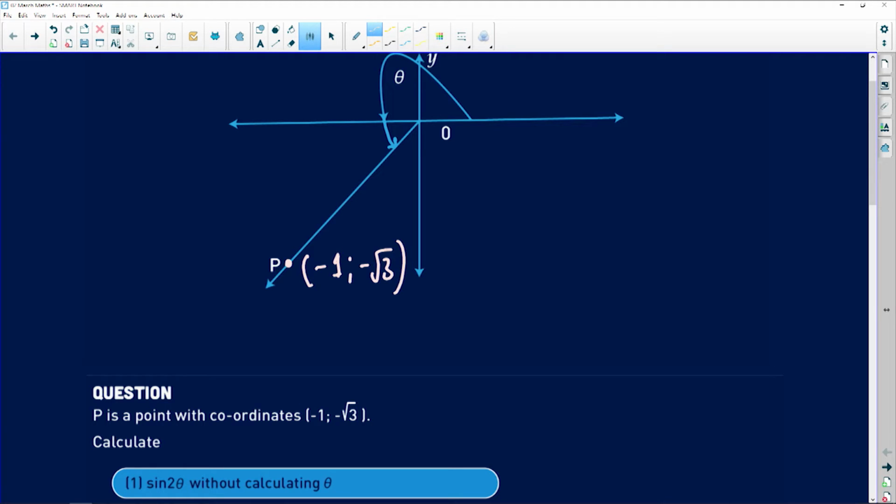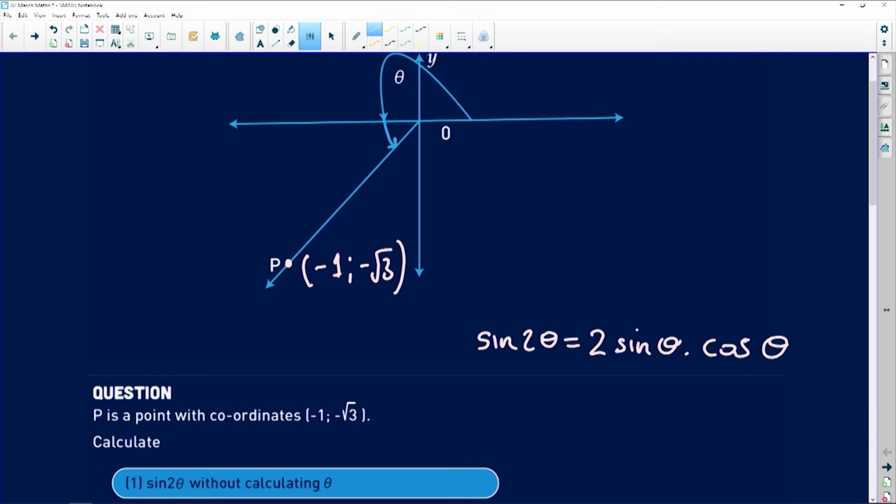We know for a fact from the information sheet that the double angle of sine 2 theta can be expressed as: sine of 2 theta is equal to 2 sine theta multiplied by cosine theta. This is what we basically know, right?